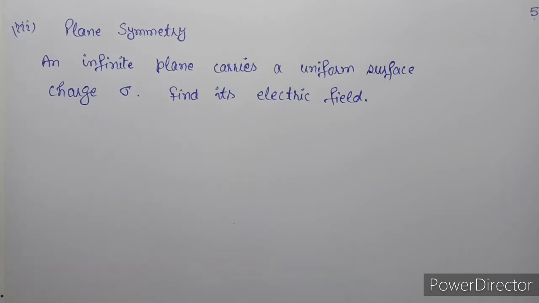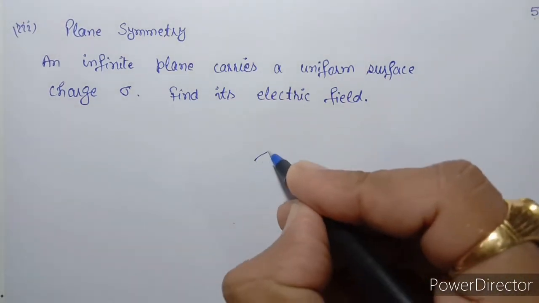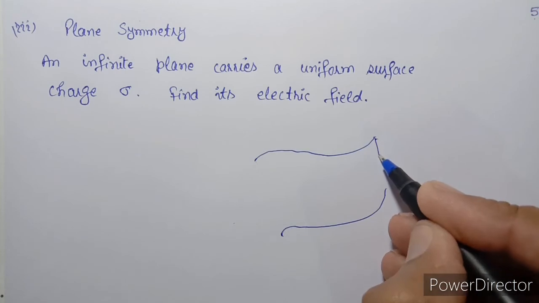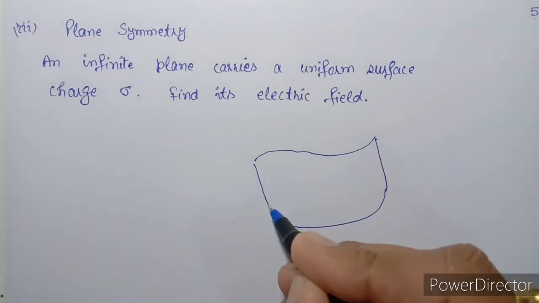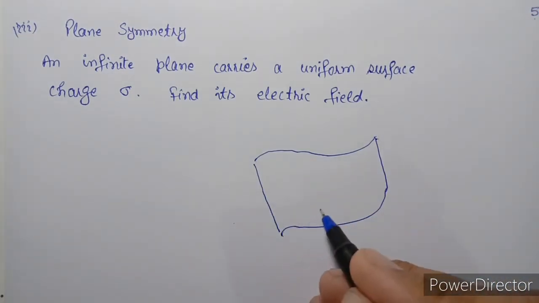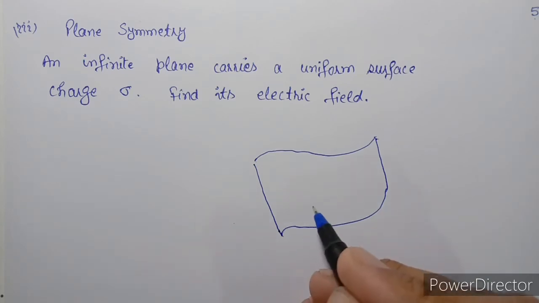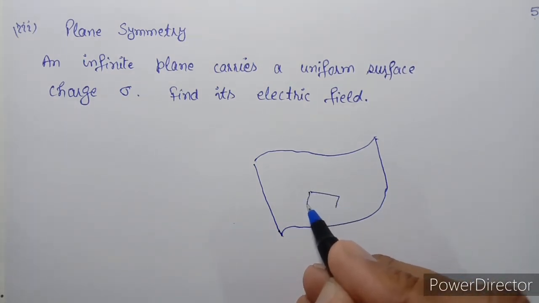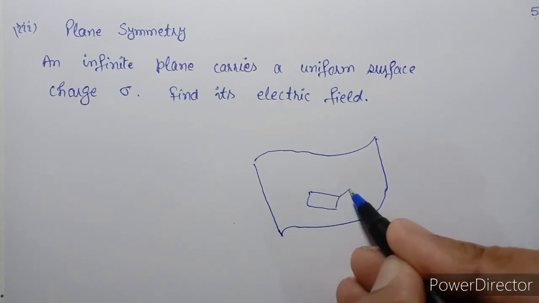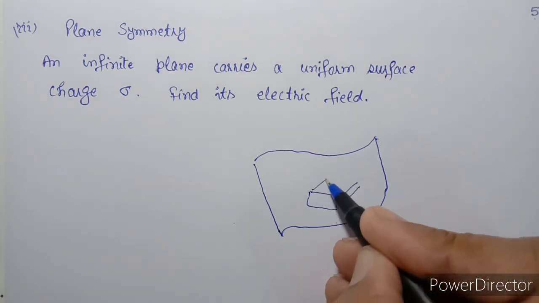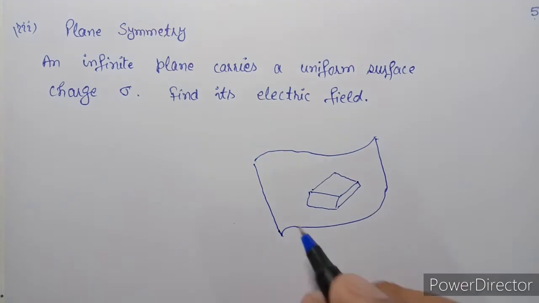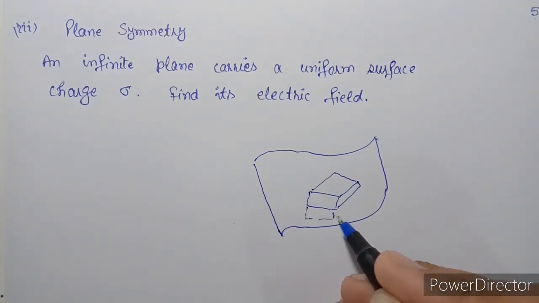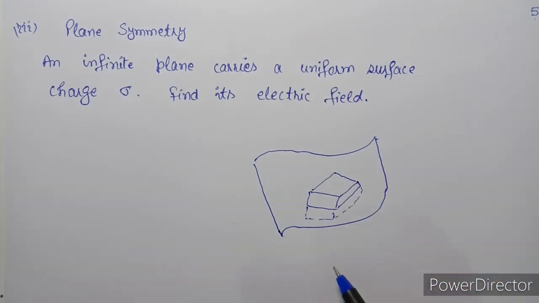Now suppose here we have this surface, and because this is a plane, we have a pillbox here, with one part above the plane and one part below the plane.